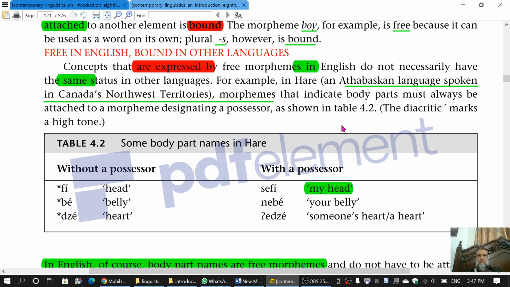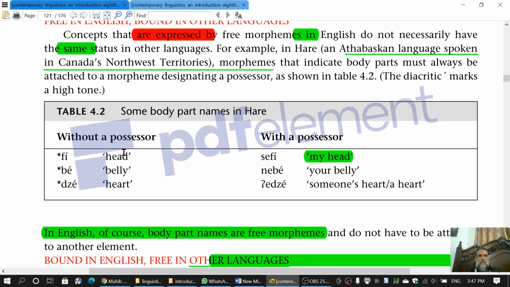But in Hare language or in the Athabaskan language, which is spoken in Canada, the name of the language is Hare language. In this language, head cannot come along as a word by itself. It has to be attached with the possessor, the one who possesses, for example, here my, and sephai means my head.